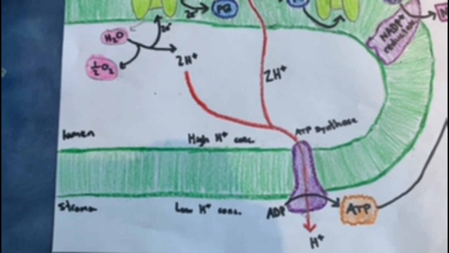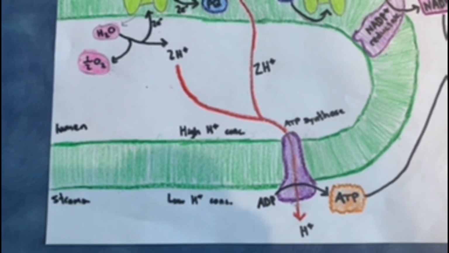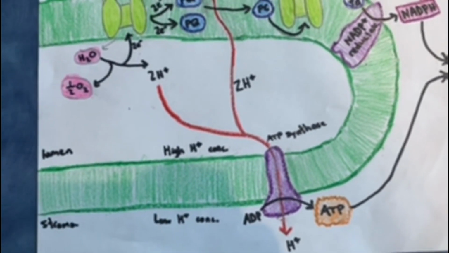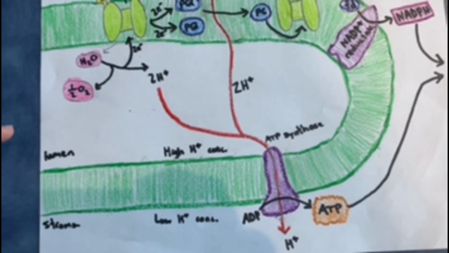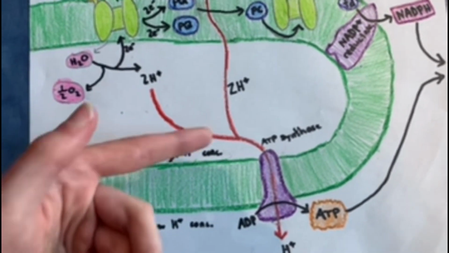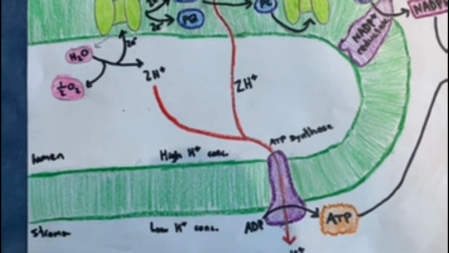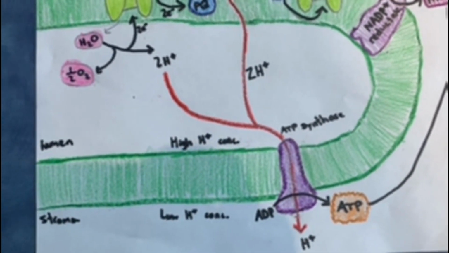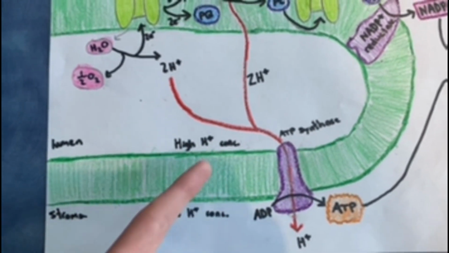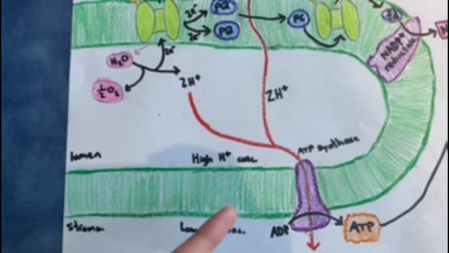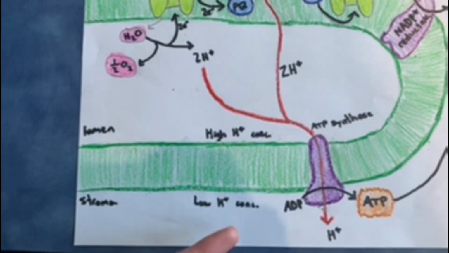The next step is called chemiosmosis, and this is when protons are moved from the lumen into the stroma. The protons are moving from a high concentration of hydrogen protons to a low concentration.